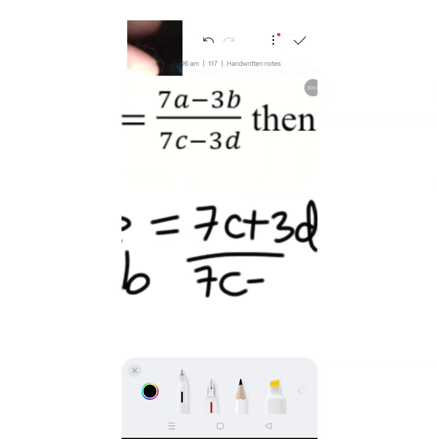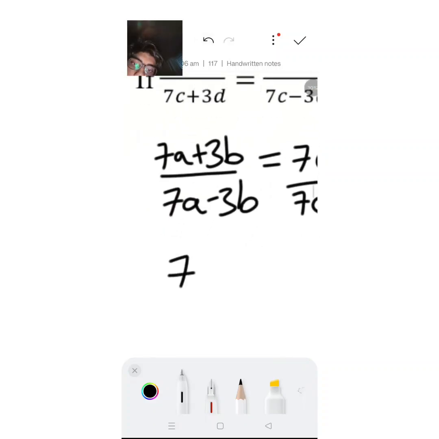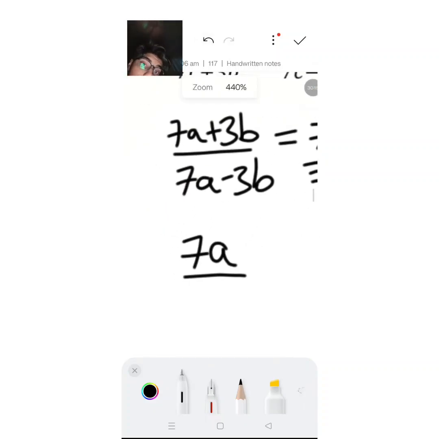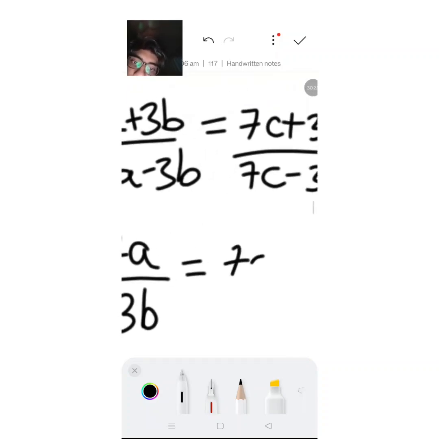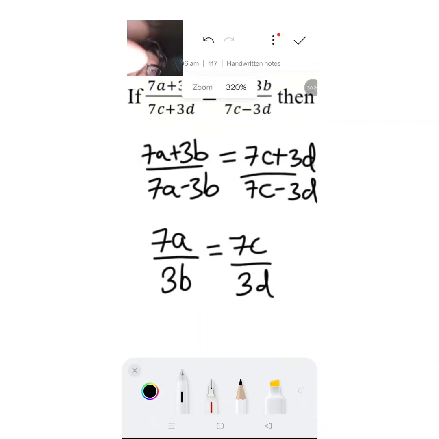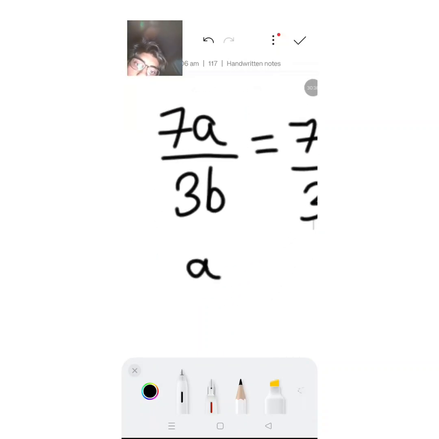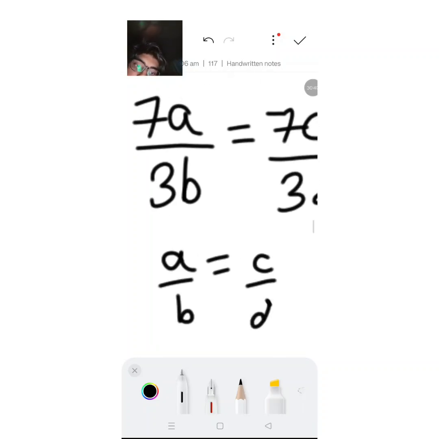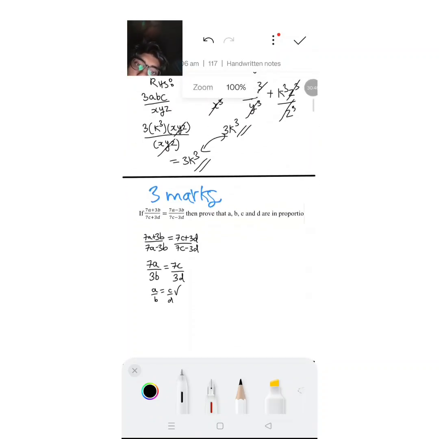And now this is just in the form of componendo-dividendo. We are going backwards. So we're writing the original ratio, which is basically the original proportion, without using componendo-dividendo. 7A over 3B equals 7C over 3D. And now basically multiply both sides by 3 and divide both sides by 7. So you just get A over B equals C over D, and they're in proportion. This is one way of solving this.